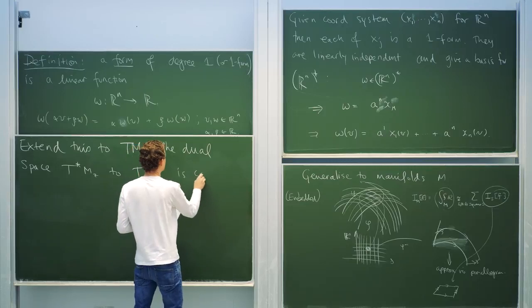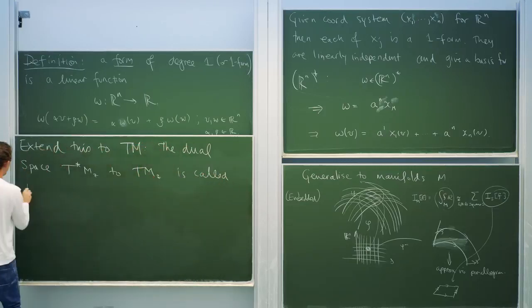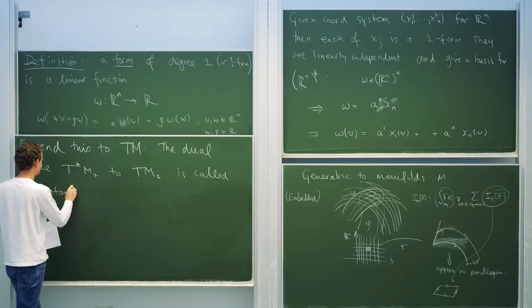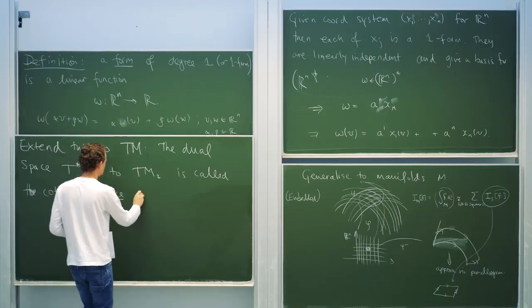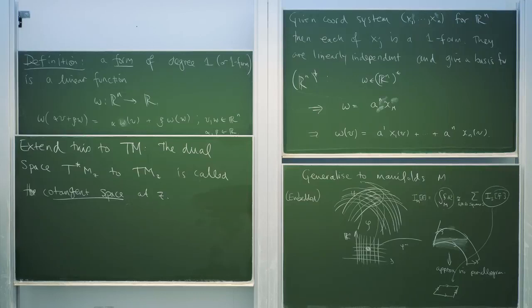It's going to have a name, it's going to be called the cotangent space. So whenever you have a dual of something, whenever you have functions on a thing, it's usual to put the word co in front of it.